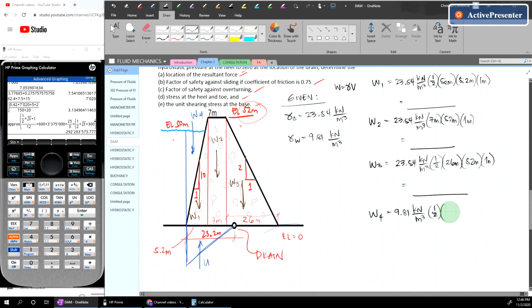Yung height alam natin na 50, and since 1:10, yung base natin is 5 meters. Makakancel lang naman yung meter at cubic meter, so ang unit lang na maiiwan sa atin, kuha tayo dito ng 1 meter na width.